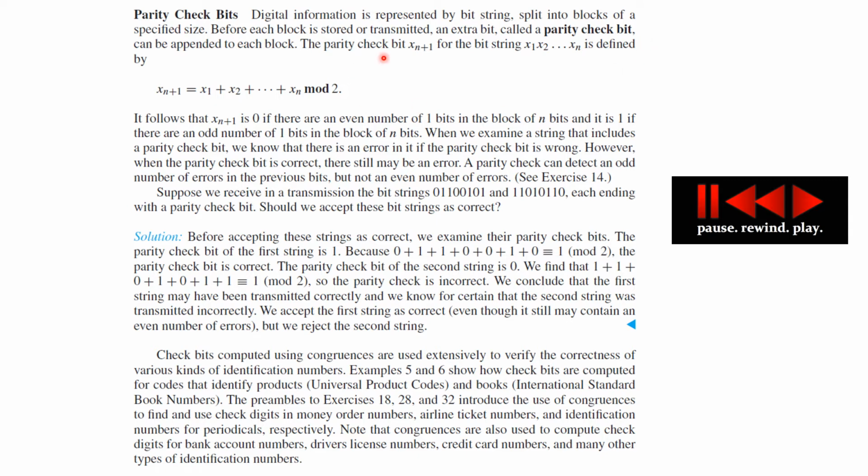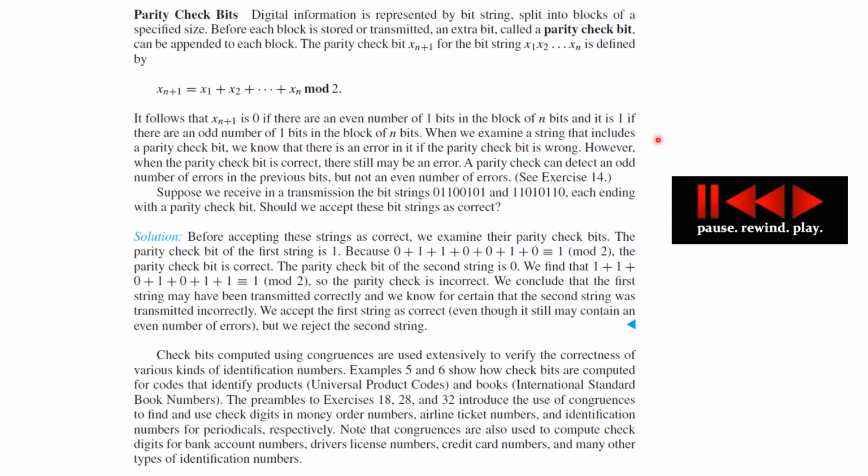The parity check bit x of n plus 1 for the string x1 to xn is defined by adding these up and converting this to mod 2. So either this is going to be even or odd, so this check bit will either be 0 or 1. It is 0 if you have an even number of 1 bits, and it is 1 if there's an odd number in there.